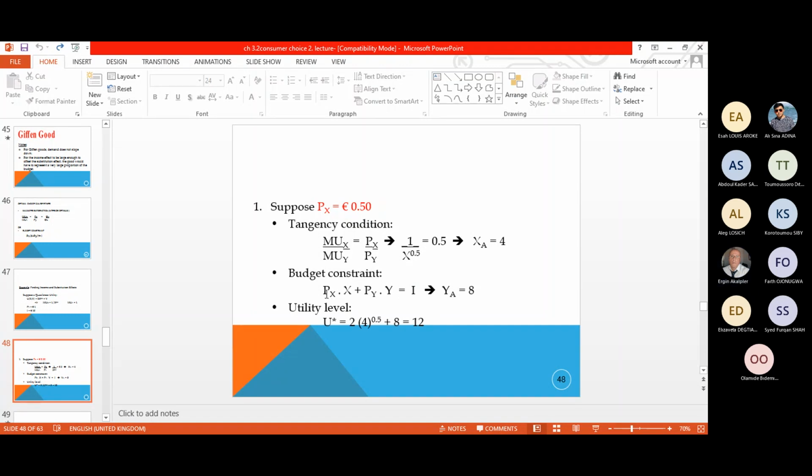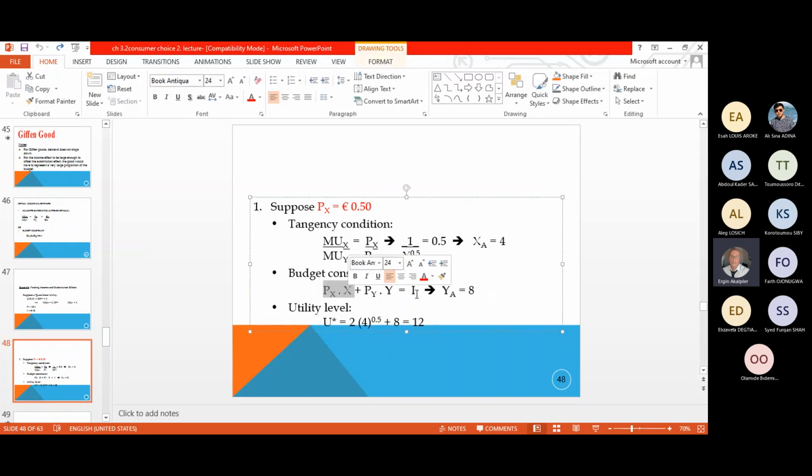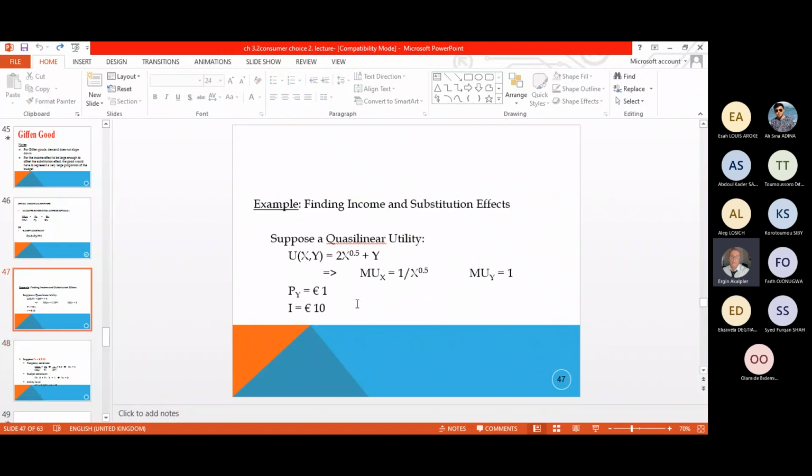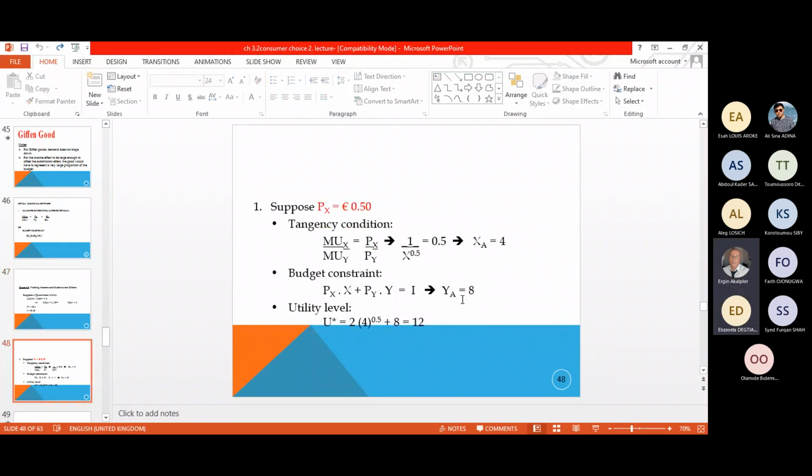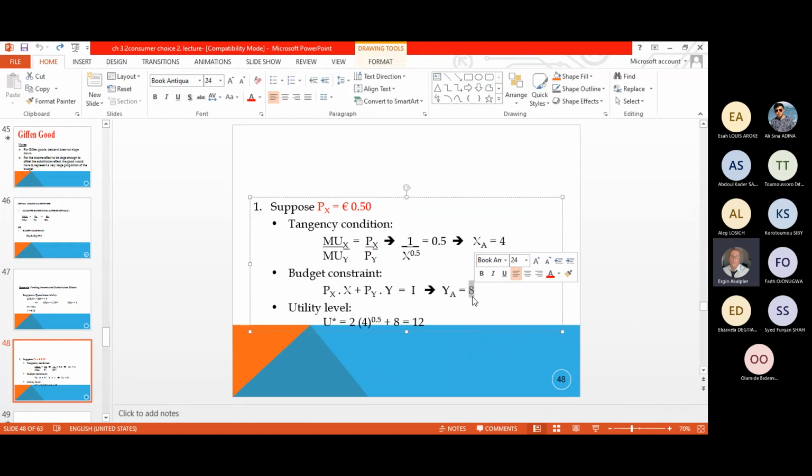Px times x is 1 over 2 times 4, which is 2. Then you subtract this from 10, 10 minus 2. Then you have y as 8. Did you get it?